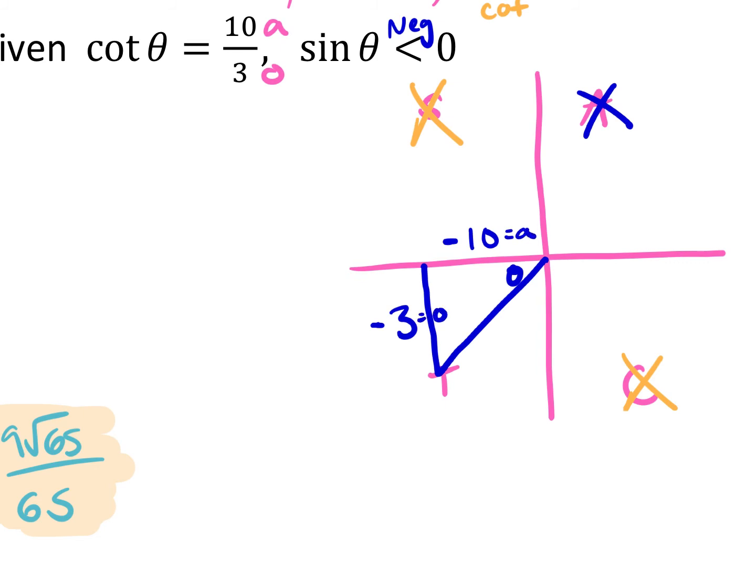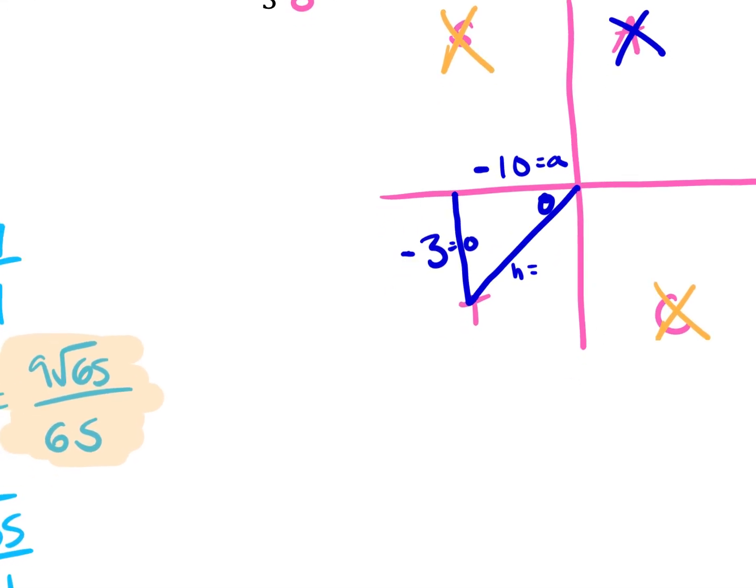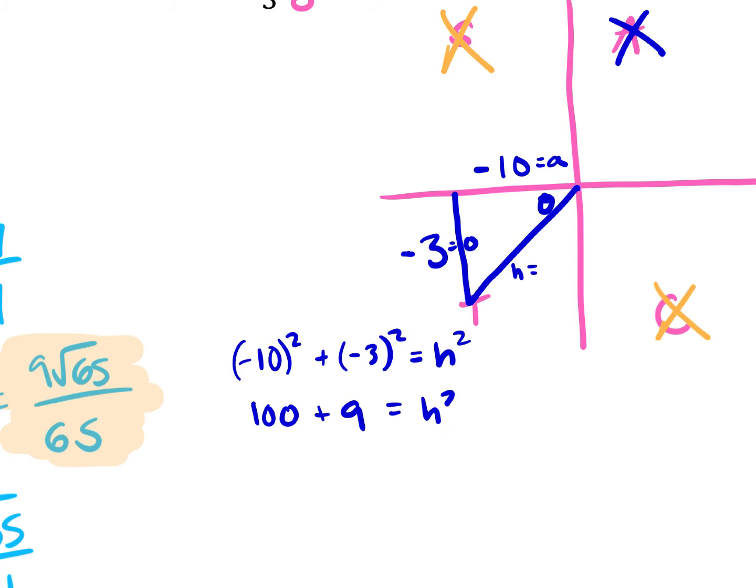And then how can I find my hypotenuse? Pythagorean theorem. So negative 10 squared plus negative 3 squared is equal to, we can call it h squared. So 100 plus 9 is equal to h squared. So my hypotenuse is the square root of 109. Can I simplify the square root of 109?